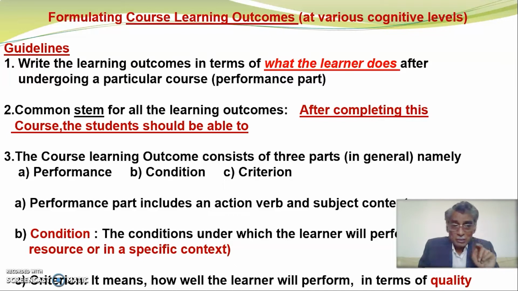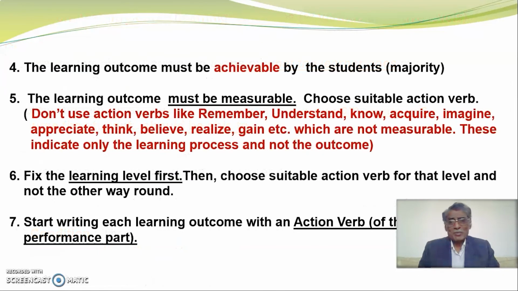Performance part includes an action verb and subject. Condition means the conditions under which the learner will perform using a resource, for example a database or a specific context. Then criterion means how well the learner will perform, that means in terms of the quality parameter.